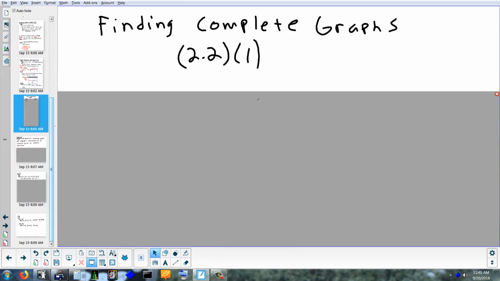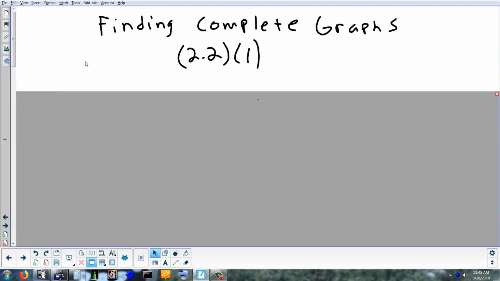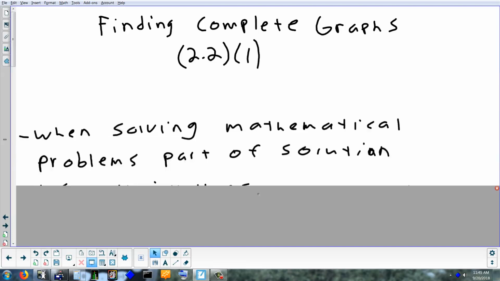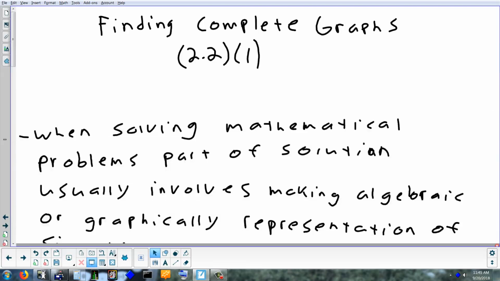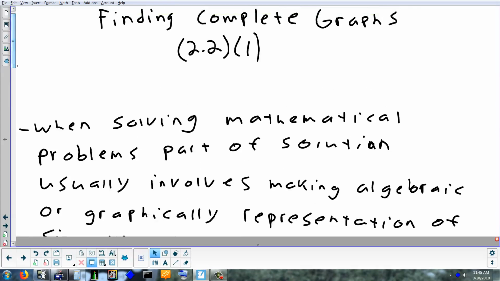So the last thing we're going to look at is pretty short. We're not going to finish all of 2.2 today, but it's just a little bit of practice again with zooming and finding complete graphs. Just keep in mind, and you don't have to write this down if you already know it, that when we're solving a problem, there are generally 2 approaches you can take.